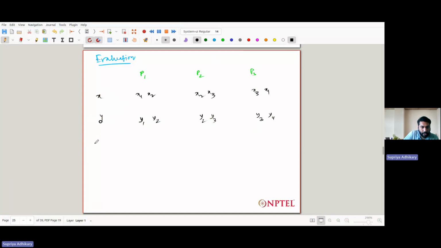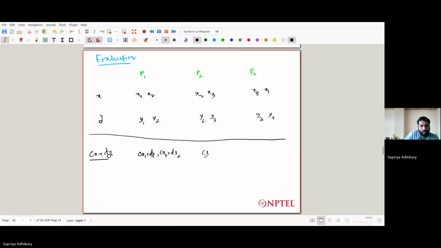Now, if we want to find the share for cx plus dy, where c, d are some scalar values, so basically this is a linear combination of x and y, then all we can do is calculate cx1 plus dy1, cx2 plus dy2, cx2 plus dy2, cx3 plus dy3, cx3 plus dy3, cx1 plus dy1.